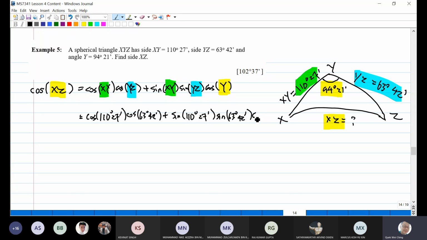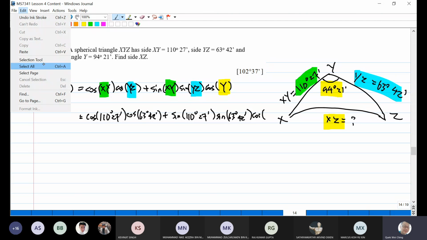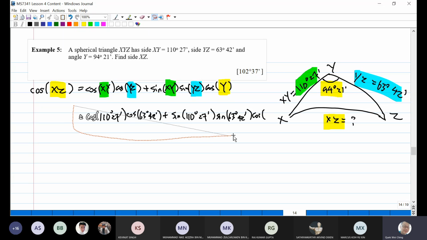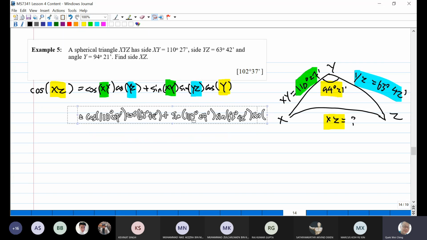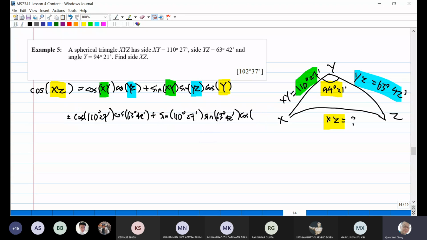And cosine of Y, cosine of 94 degrees 21 minutes.